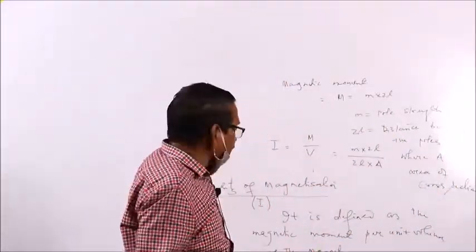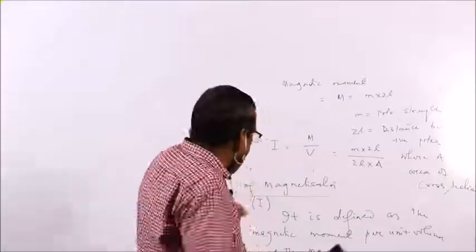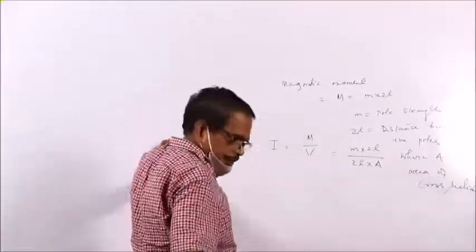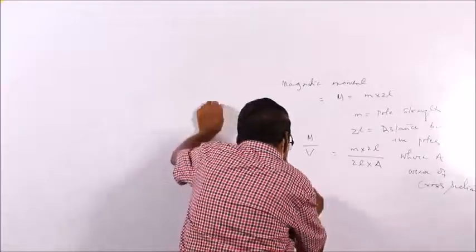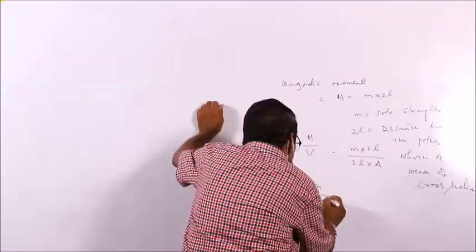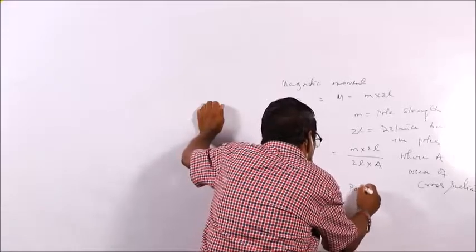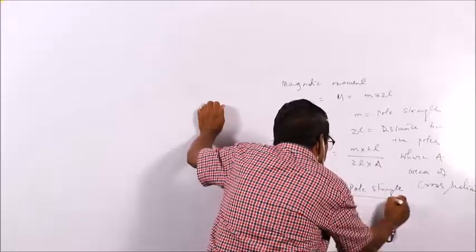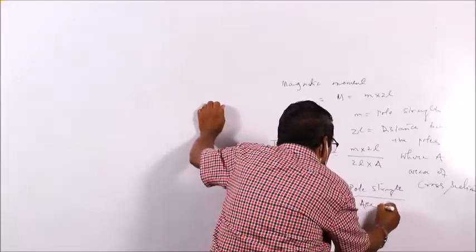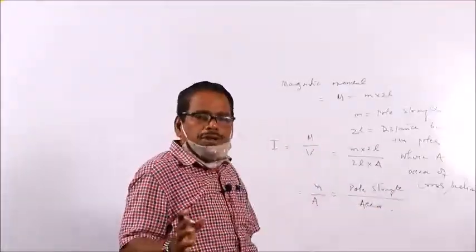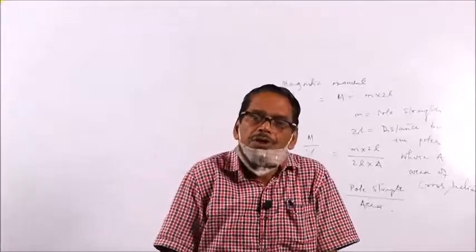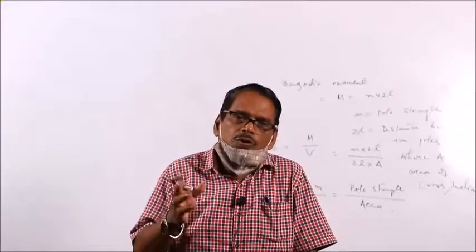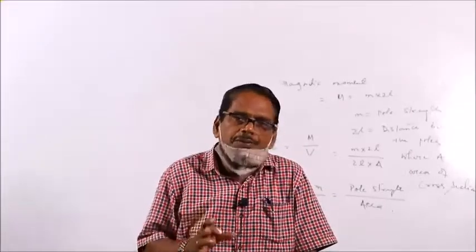So 2l cancels, and this becomes m by A, which is pole strength by area. So the intensity of magnetization can be further defined as the pole strength per unit area, or magnetic moment per unit volume of the magnet.